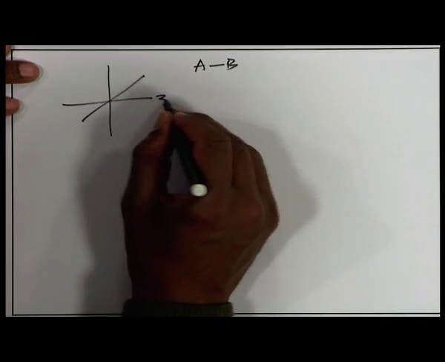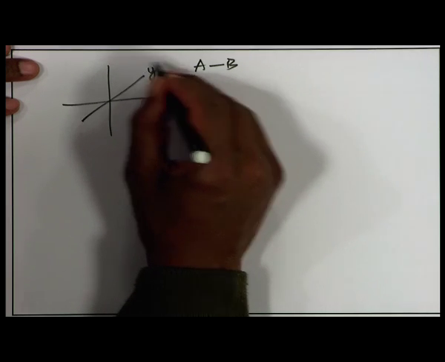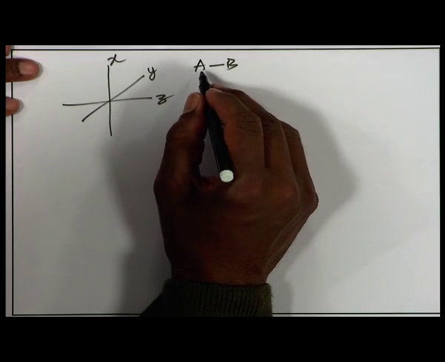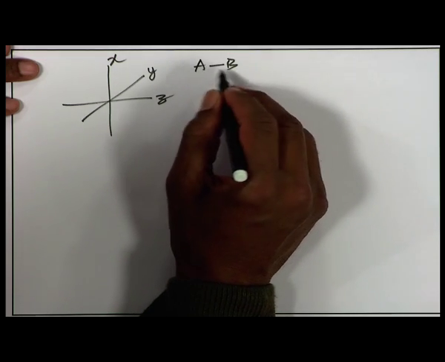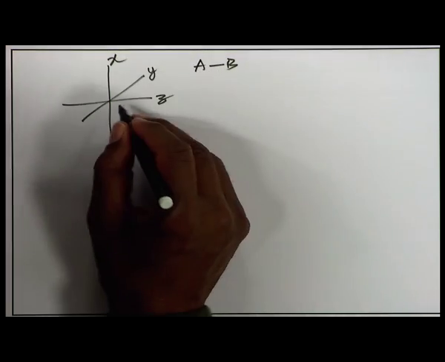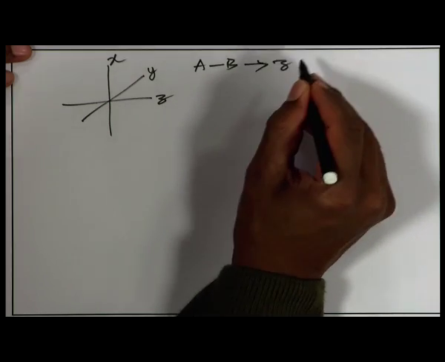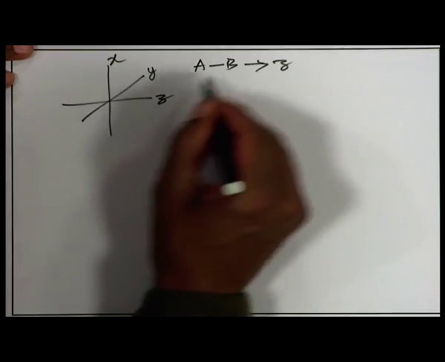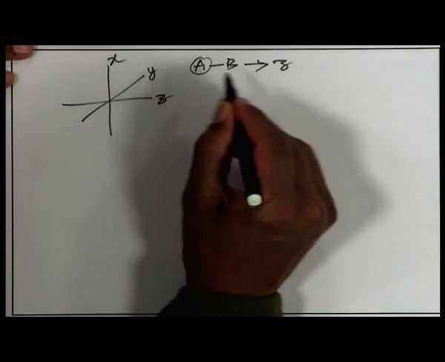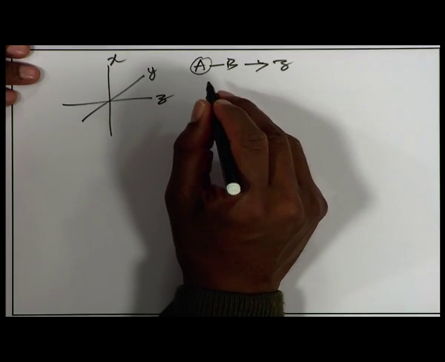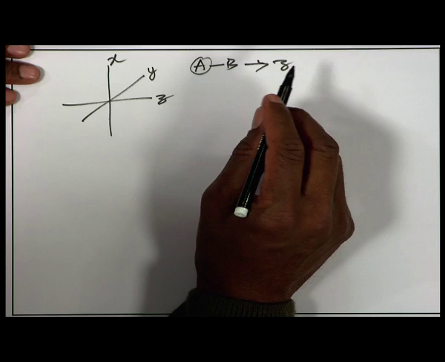Let us say this is the z axis, this is the y axis, this is the x axis. If you fix this axis as the z axis, then atom A should use its pz orbital to form a sigma bond.